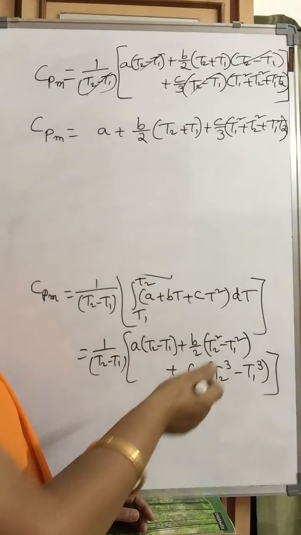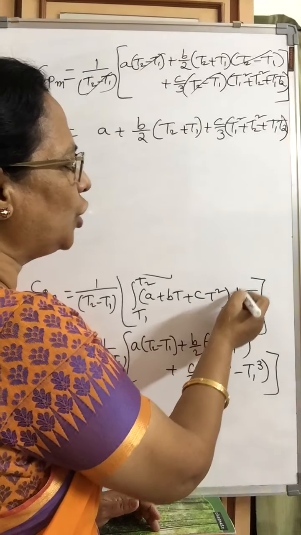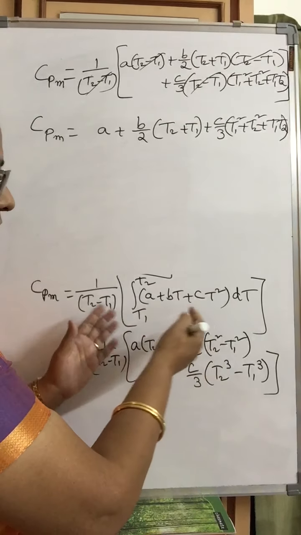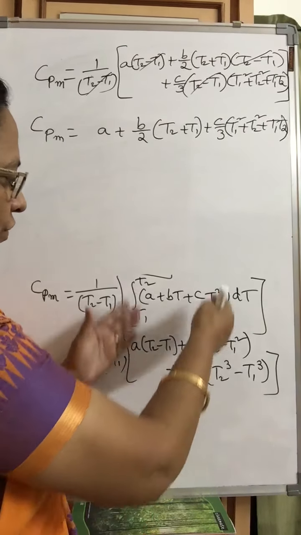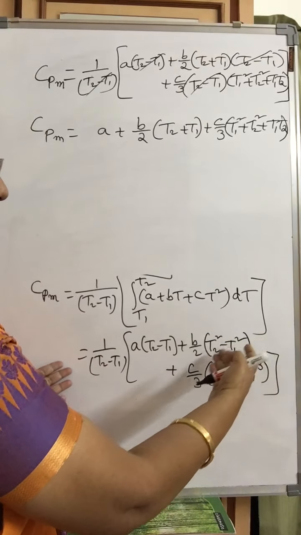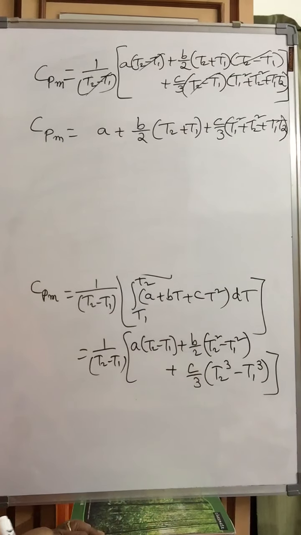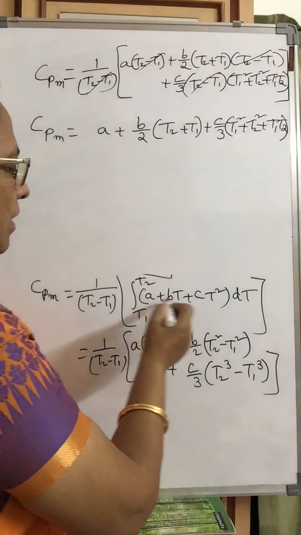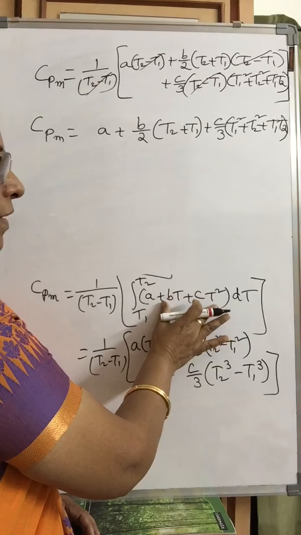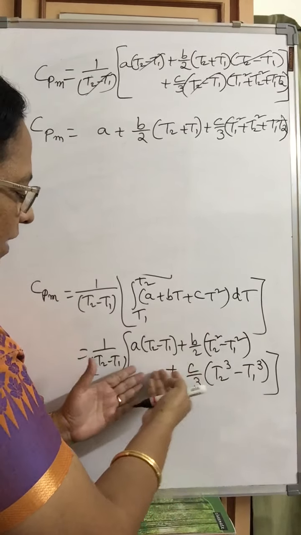But for higher orders, with DT cube and a little complicated form, you need not simplify it. You just integrate it and substitute the values T1, T2 directly and you will get the answer.